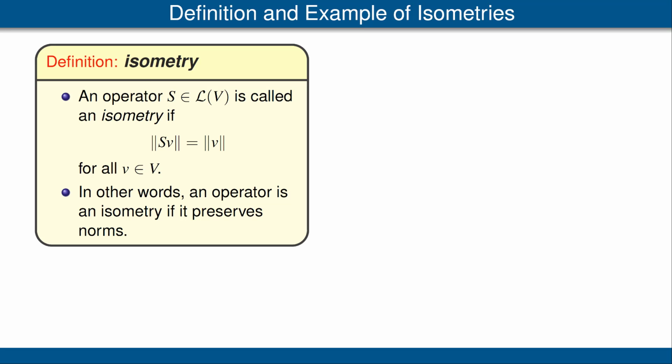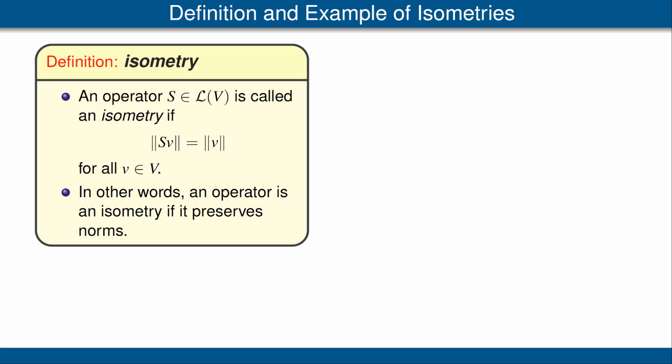I would like to make a comment here about terminology. Many books actually have two different words to describe what we are calling an isometry, depending upon whether the vector space in question is real or complex. In the real case, isometries are often called orthogonal, and in the complex case, isometries are often called unitary operators.